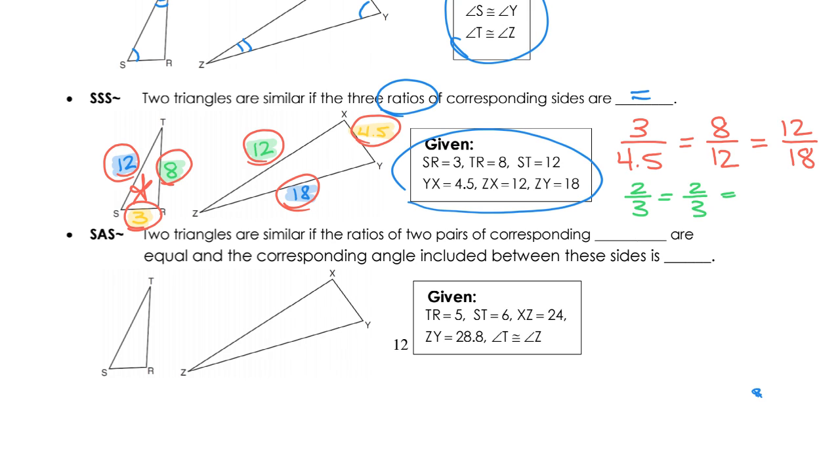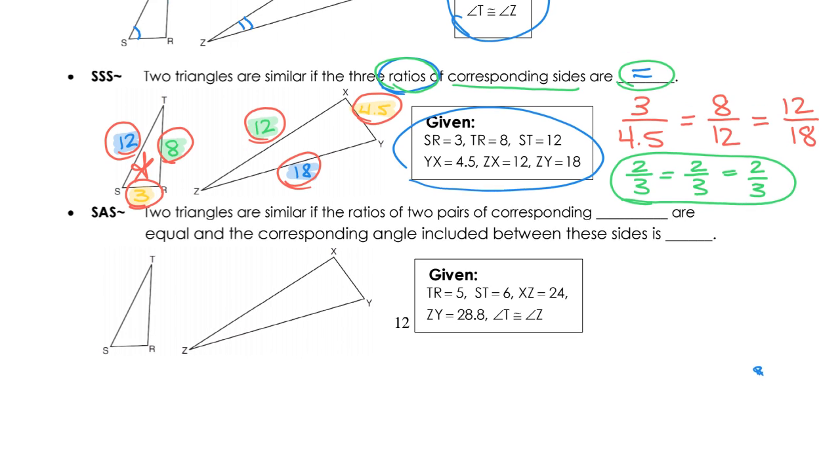And last fraction, 12 divided by 18 in our calculator, and 0.6 repeating, or 2/3. And so what happens is that all of the ratios of the corresponding sides are equal. All right, and therefore these two triangles are similar by side similarity, because it was the 3 sides of one compared to the 3 sides of the other.